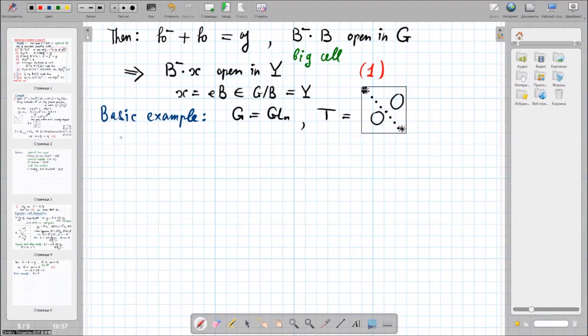What are the root vectors? So here, for the root vectors, we can take just matrix units, E sub ij.